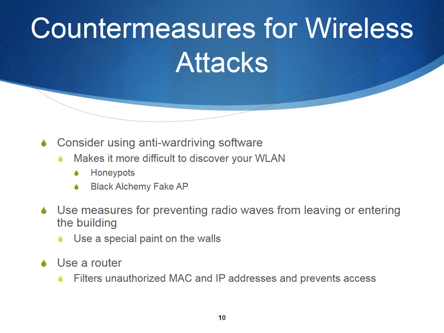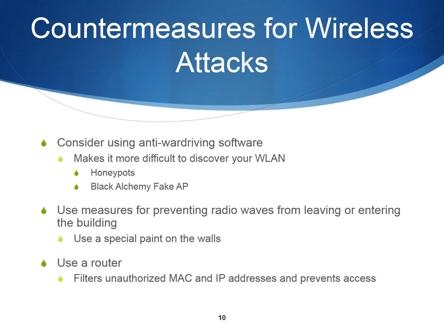Countermeasures for wireless attacks. Some countermeasures for wireless attacks would be to consider using anti-war driving software. This would make it more difficult to discover your wireless LAN. You could also set up honeypots to lure attackers to a false, albeit real seeming environment.